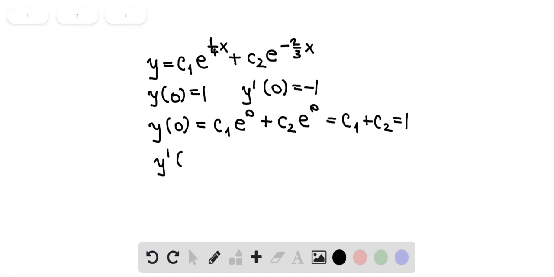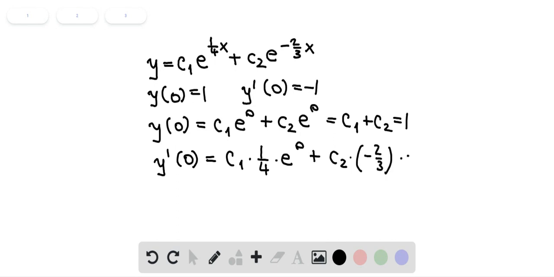First derivative of y at 0 is c1 times 1/4 times e to 0 plus c2 times negative 2/3 times e to 0. So we get 1/4 c1 minus 2/3 c2 is equal to negative 1.